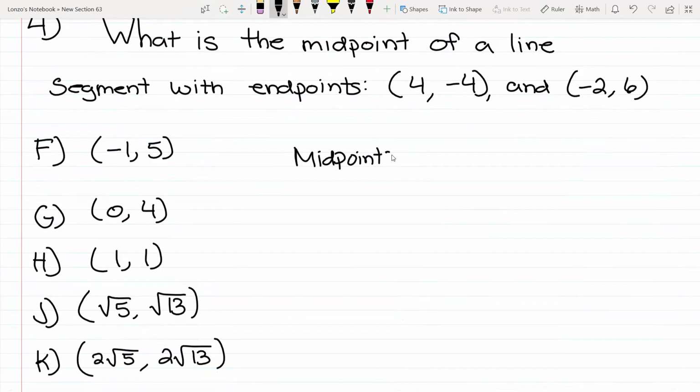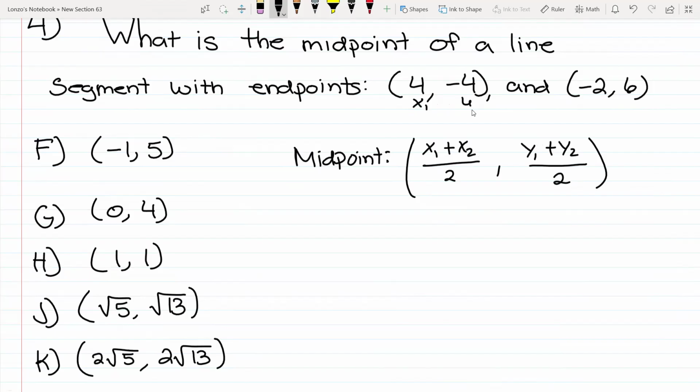So a midpoint is a coordinate, and it's going to be (x1 plus x2 over 2, comma, y1 plus y2 over 2). I'm going to label these coordinates very carefully so I don't get confused. This 4 is your x1, this -4 is your y1, this -2 is your x2, and this 6 is your y2.